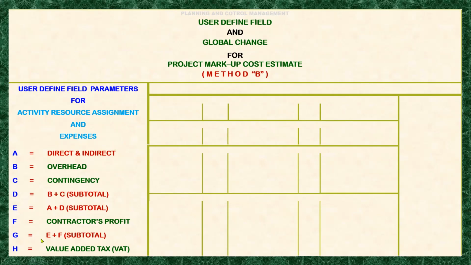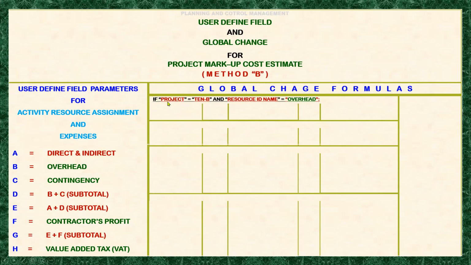Okay, let's proceed to the formula. So these are the parameters that we'll be using. First, we will be working on the overhead. So if you can see the formula creation on global change, it's the format that we need first to filter the formula on which it will be applied.